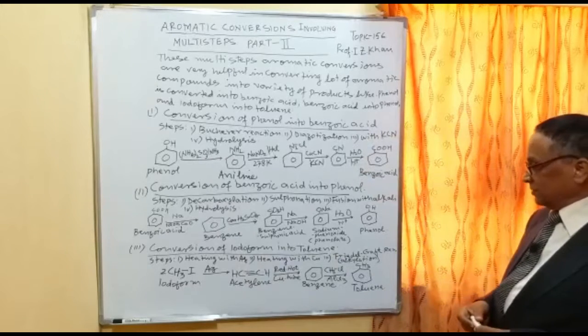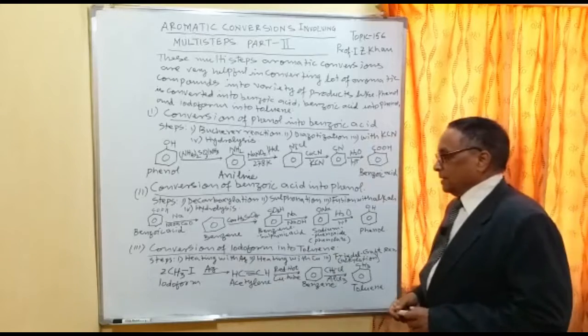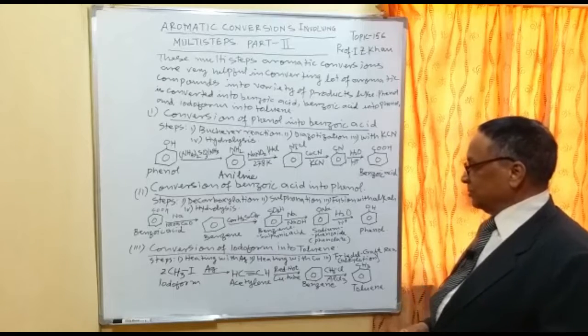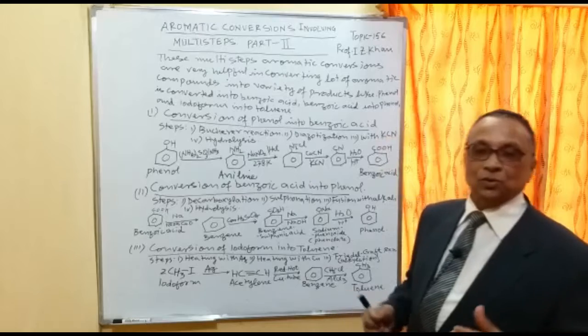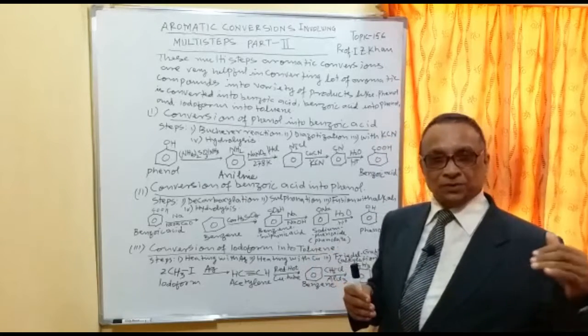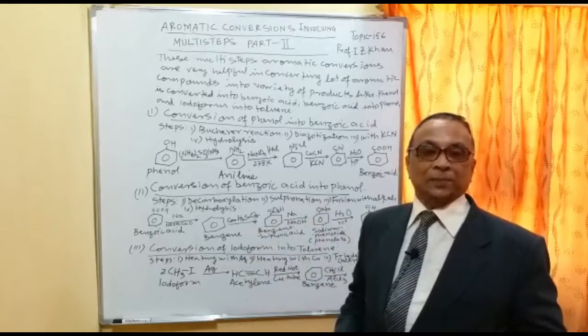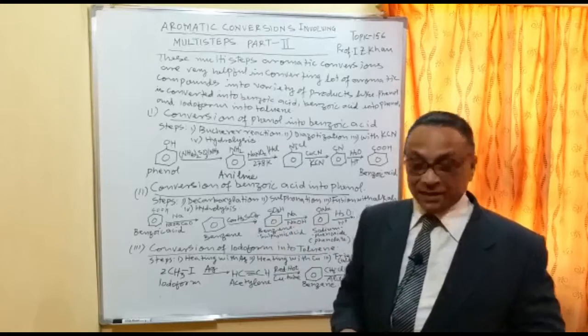Number 3 conversion is the conversion of iodoform into toluene. How is iodoform converted into toluene? There are 3 steps involved, and the first step is heating with silver, which will give you acetylene. Then that acetylene is passed through red hot copper tube, which is a very common reaction, and cyclization will take place, and the acetylene will be cyclized into the aromatic benzene ring.